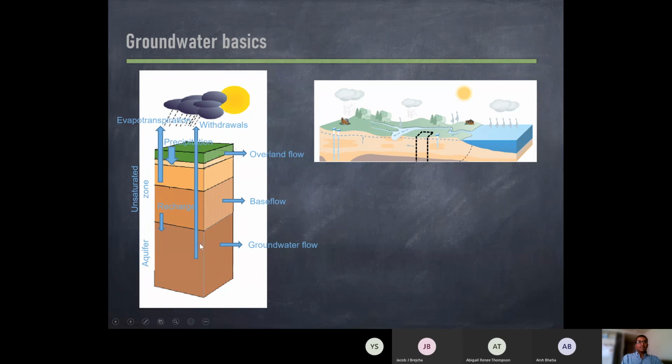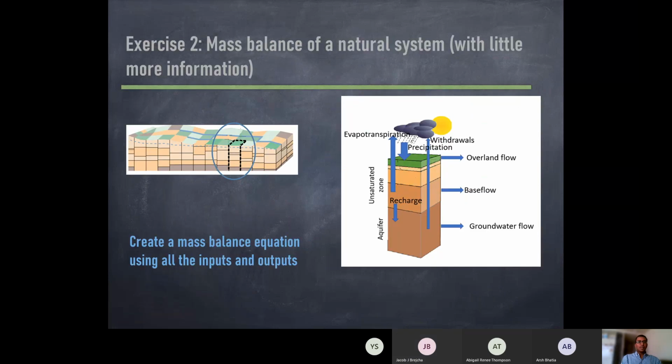So the output would be your groundwater flow, your base flow, and your overland flow or runoff from the land surface, and evapotranspiration as well as withdrawals. And your input would be precipitation in this case. Any questions regarding that? Does that answer your question, Jacob? Yeah, thanks. You're welcome. We do not want to account the same thing twice. That was the point.